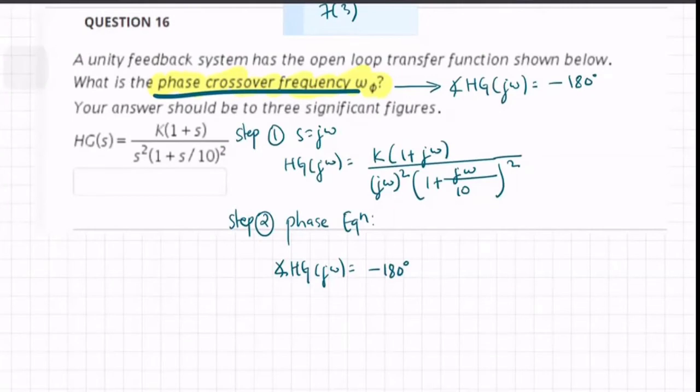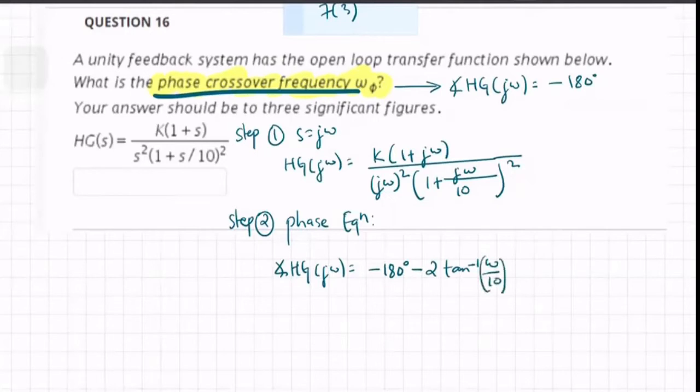Similarly, since I have power 2 here, it is negative 2 times tan inverse of omega over 10.